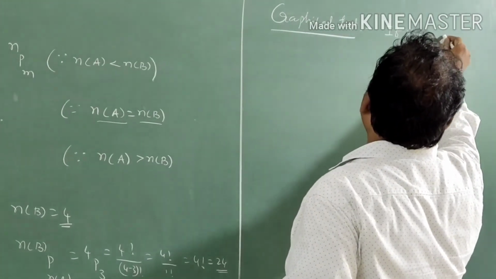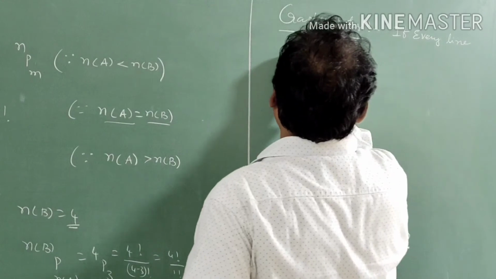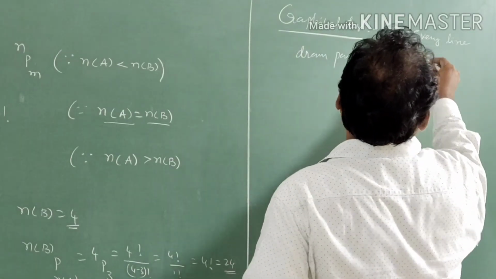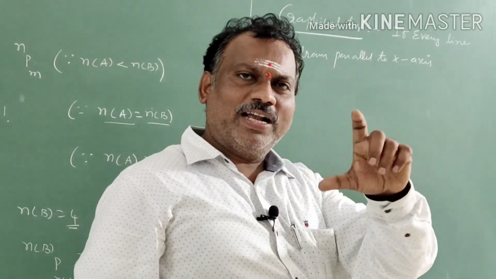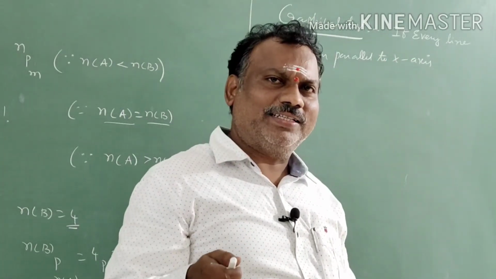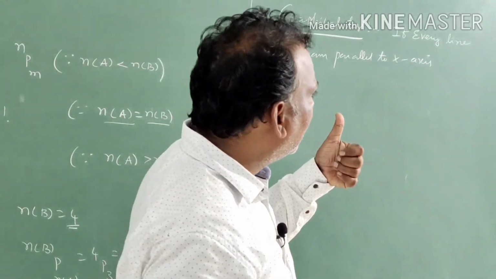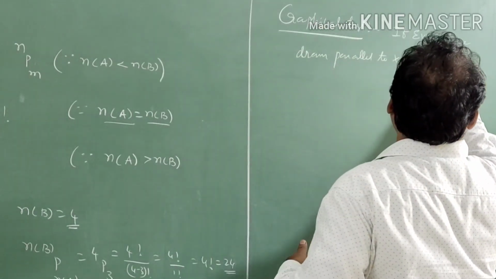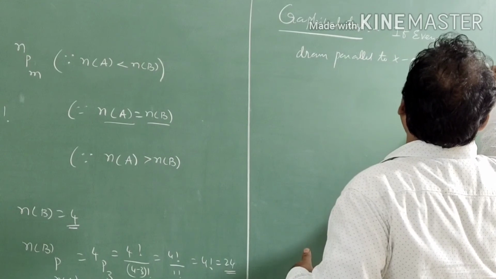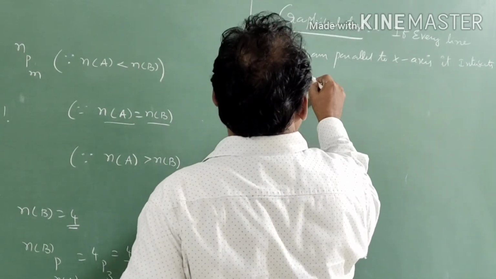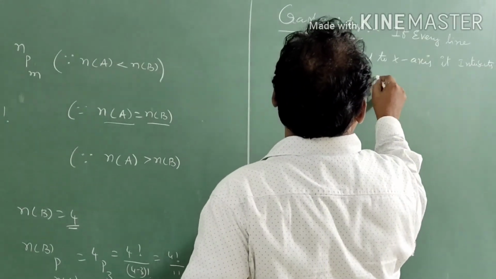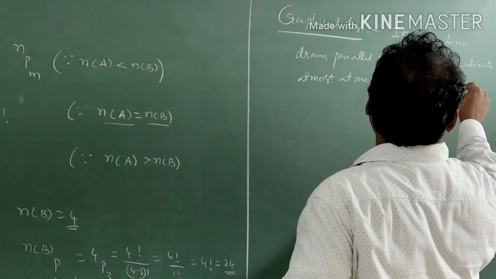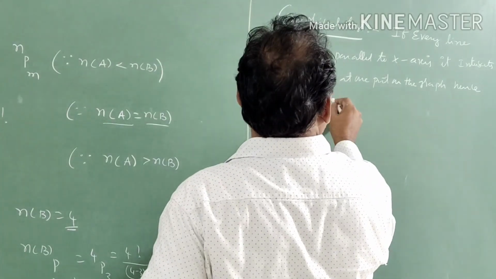I told you the graphical test for a function is to draw a line parallel to the y-axis. This is the x-axis, don't forget, students. For one-one, if every line drawn parallel to the x-axis intersects the graph at most at one point, hence it is a one-one function.